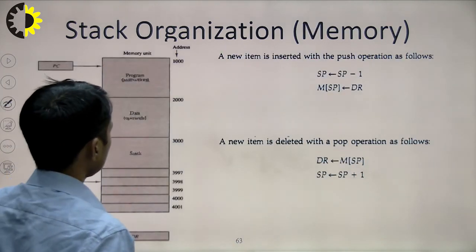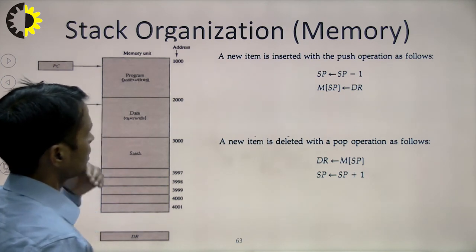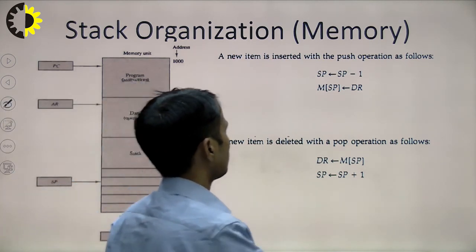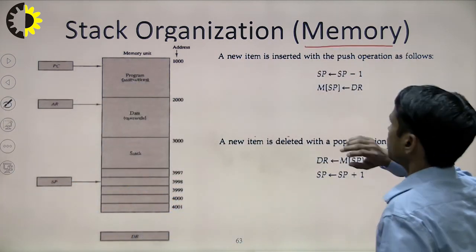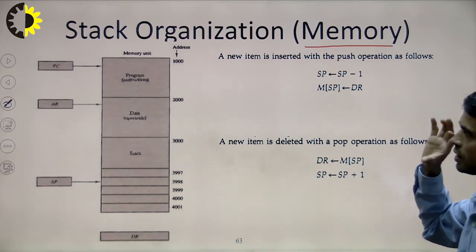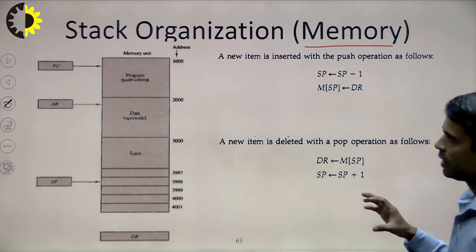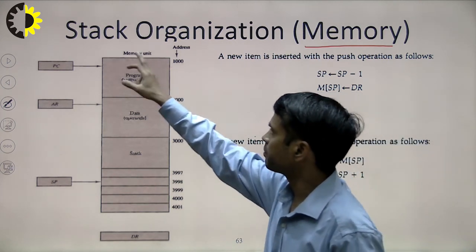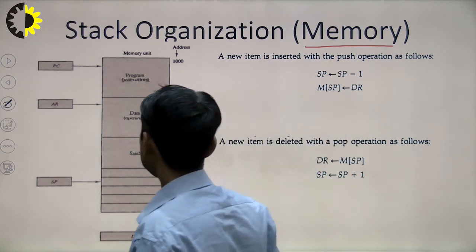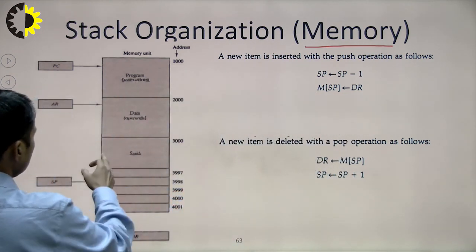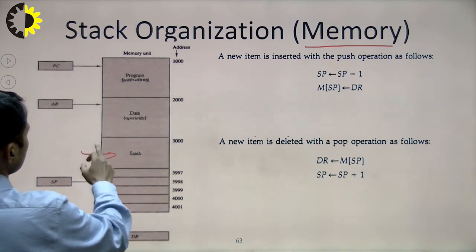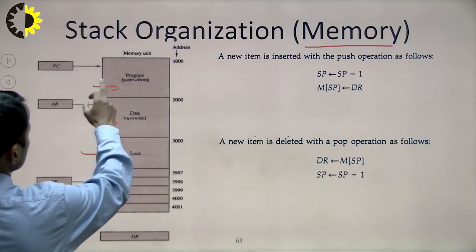Before we move to the uses, the same stack organization can be implemented in memory. Here the data is not stored in the registers of the CPU. We allocate a separate memory space, and this memory space is basically divided into three parts: one is the stack, another is data, and another is the program part.